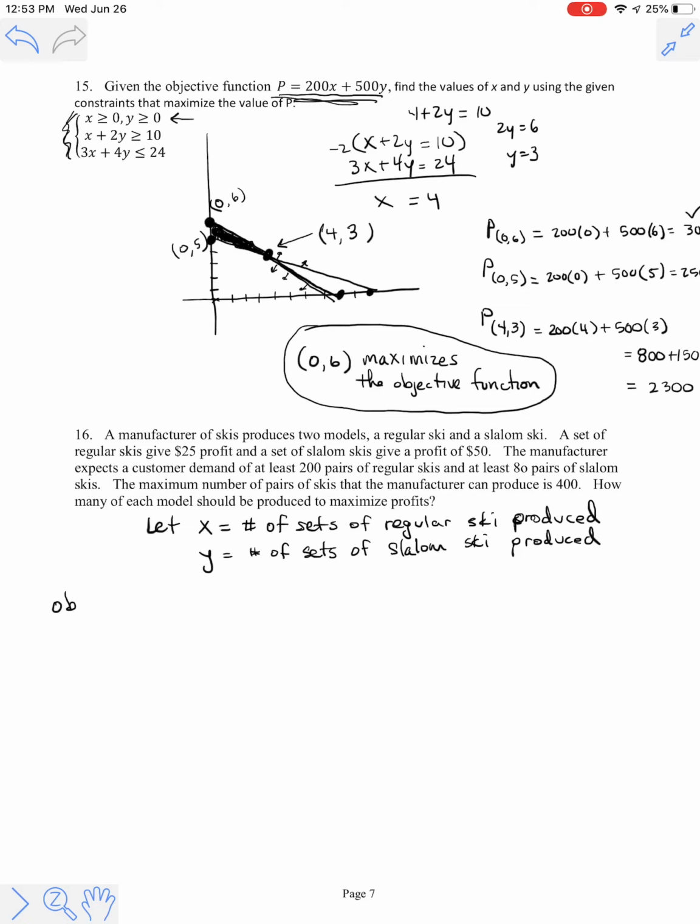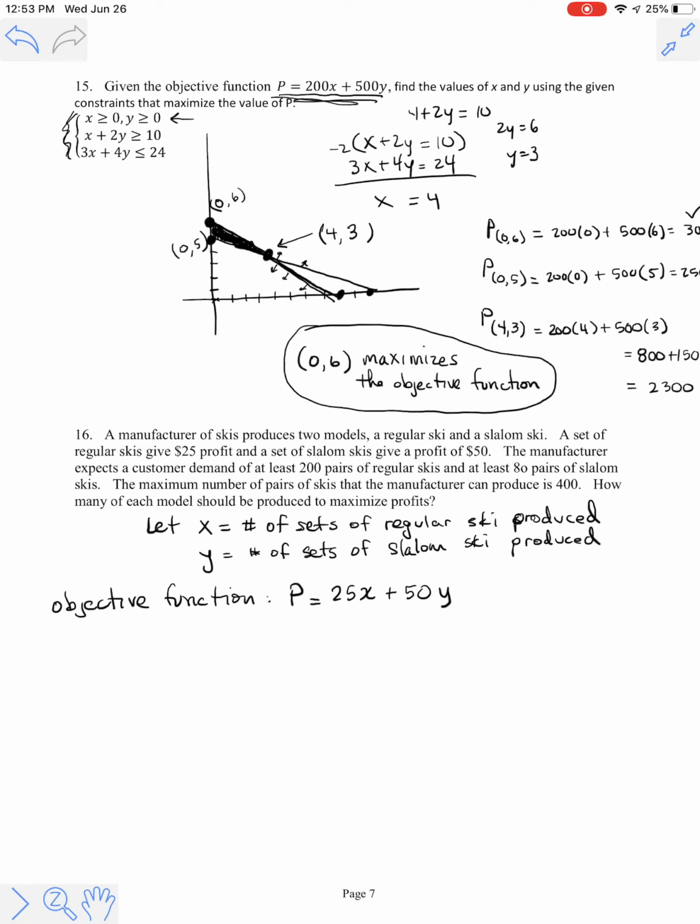So then the objective function, since our objective is to maximize profit, the objective function I'm going to call P for profit. We get $25 for each set of regular skis plus $50 for each set of slalom skis. That's going to be our profit.